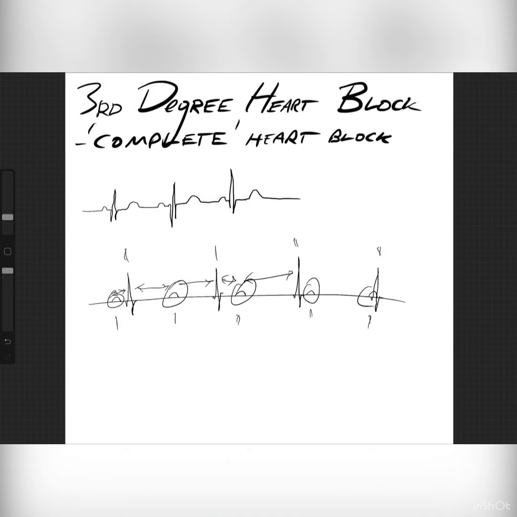So the SAN will still produce electrical signals, but they just don't get conducted through to the ventricles. So they don't really do anything. The reason the patient is still alive is because of this escape rhythm arising from the ventricles themselves.